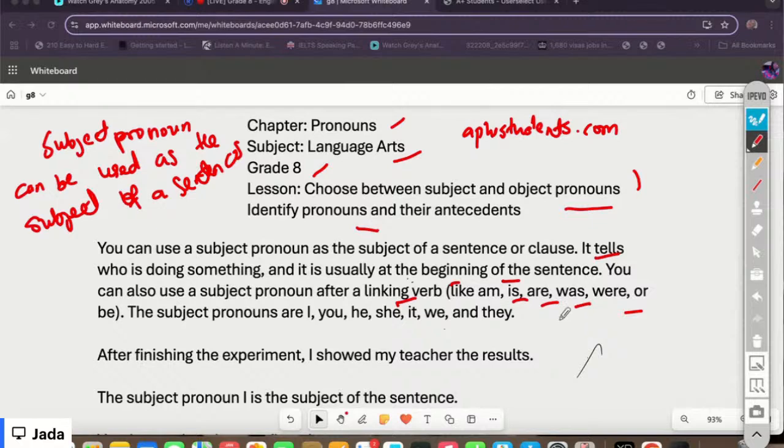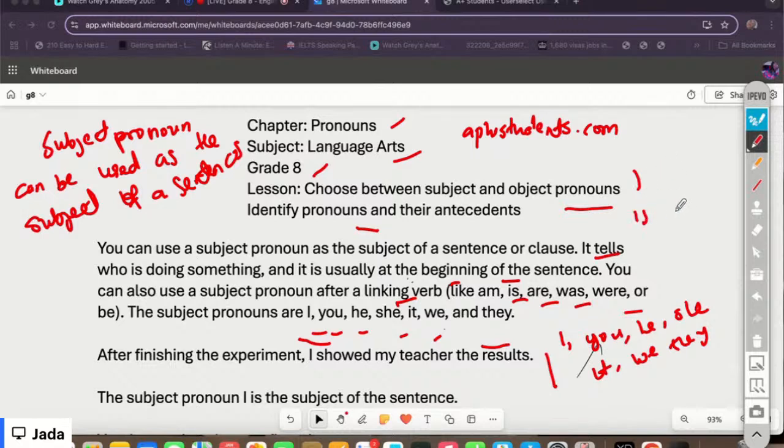The subject pronouns are I, you, he, she, it, we, and they. And then we have linking verbs like is, are, was, were, be. So this is how the subject pronoun goes.